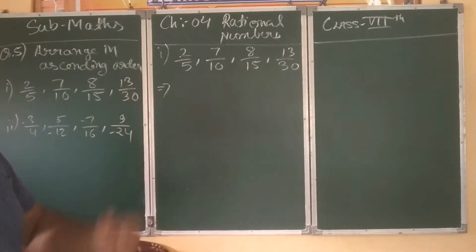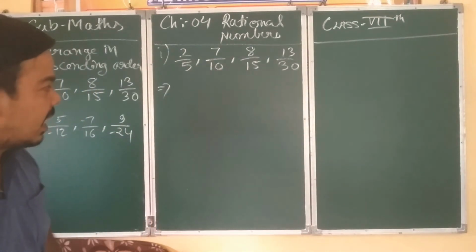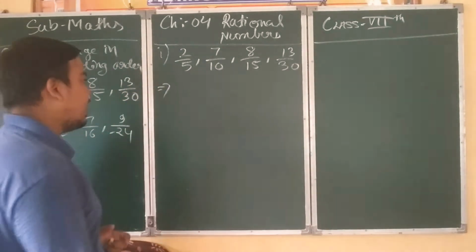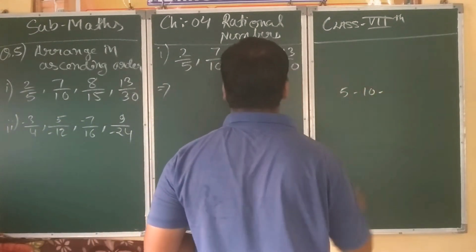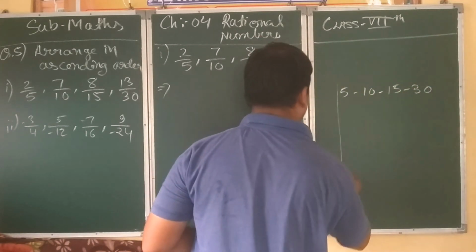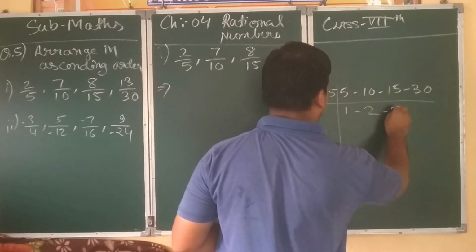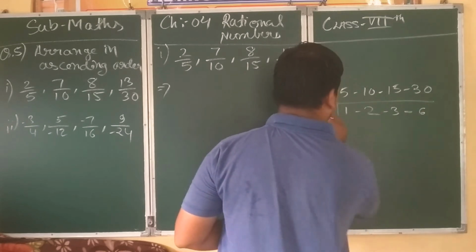See, the denominator is not the same, it's not constant. So what to do? First step, we make the denominator equal. Find the LCM of 5, 10, 15, 30. 5 ones are 5, 5 twos are 10, 5 threes are 15, 5 sixes are 30.